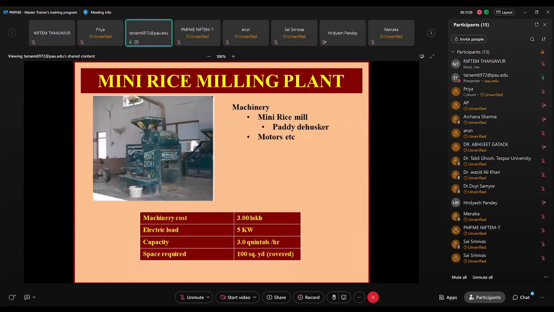Every year, farmers set up about 10 such plants with the technical guidance of our department of Punjab Agriculture University Ludhiana.